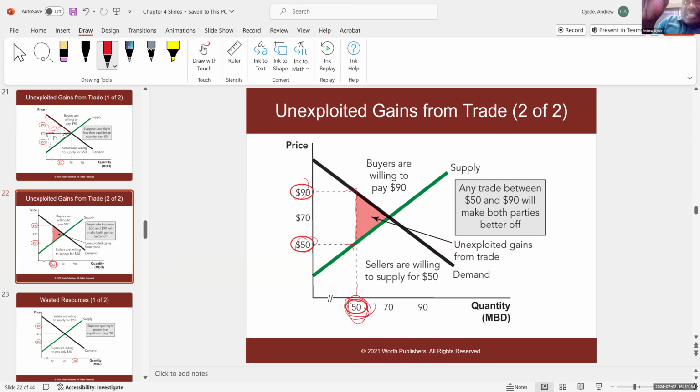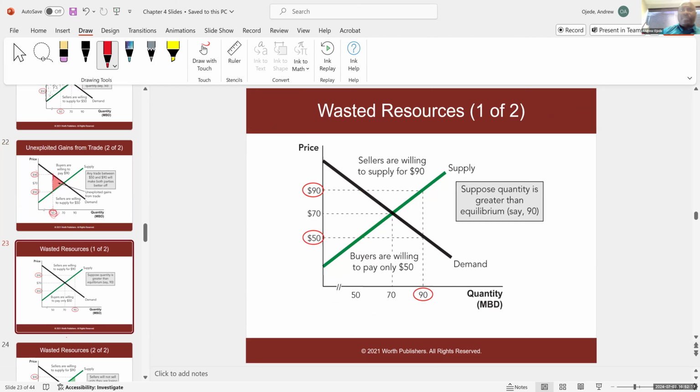So this shaded orange-looking triangle there is what we call unexploited gains from trade. Sellers and buyers can still exploit that area. Okay.